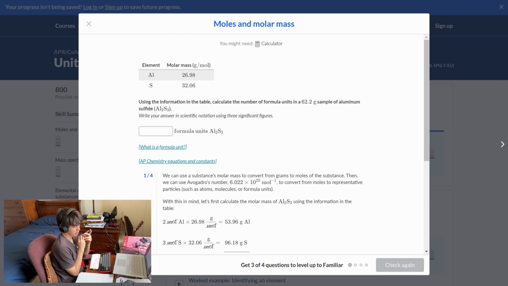And we want how many moles it is, so we multiply it by Avogadro's constant. No, we don't. How many grams do we have? Oh, we have 62.2.